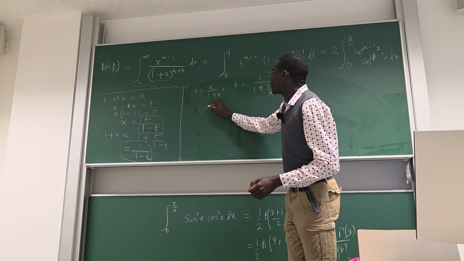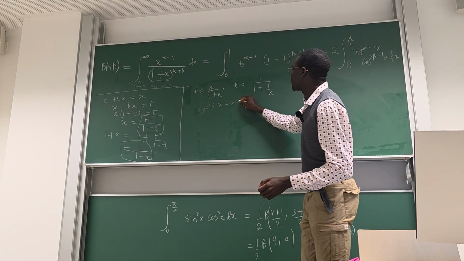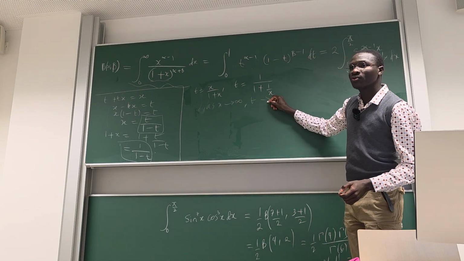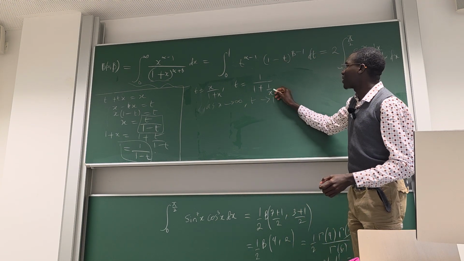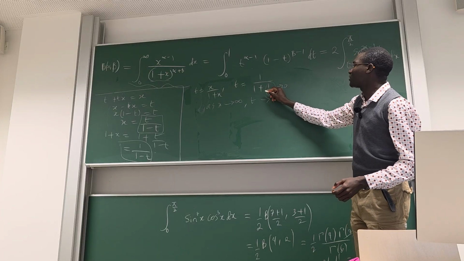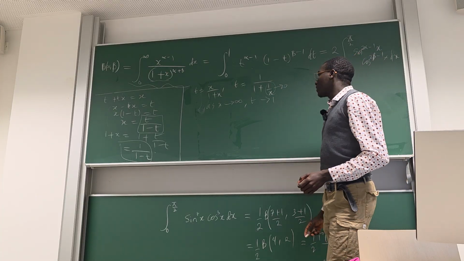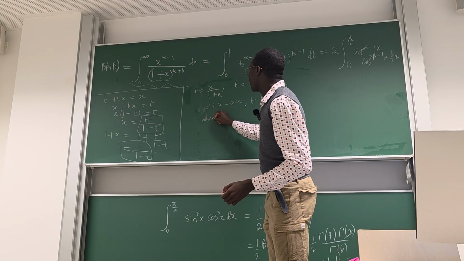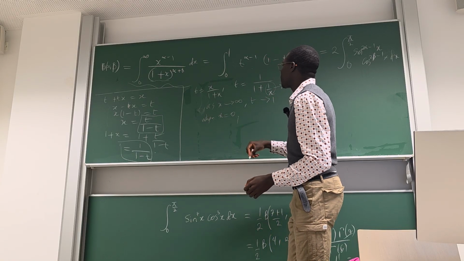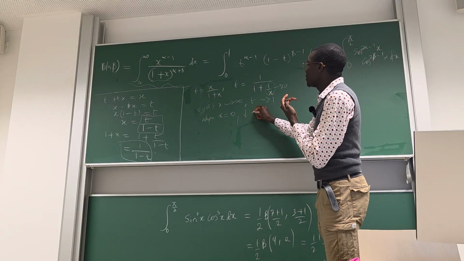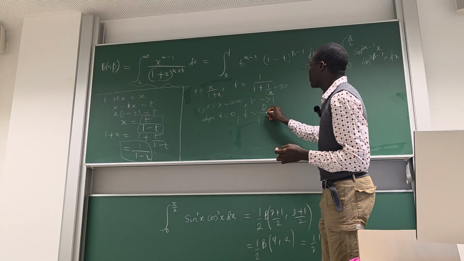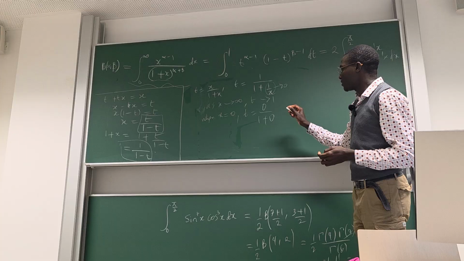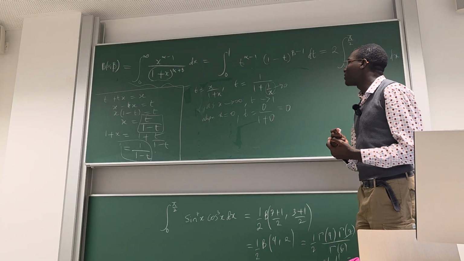And then as x goes to infinity, what happens? t goes to 1. Good, because this goes to 0, right? And you have 1 plus 0. Okay? And when x equals 0, what happens? When x equals 0, t is 0 divided by 1 plus 0, which is 0.